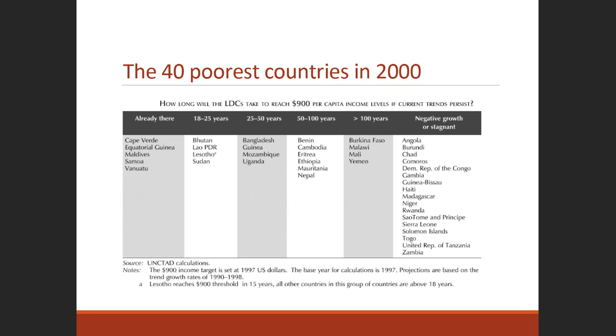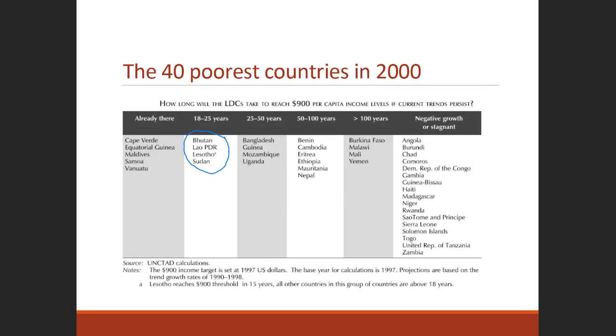So these are our lowest income countries. And the question economists were asking is, how long is it going to take to pay back debt and for these countries to reach $900 per capita, which would take them out of dire poverty, right? And so if you can see, some countries were kind of like on the 25-year plan, right? That's not good.